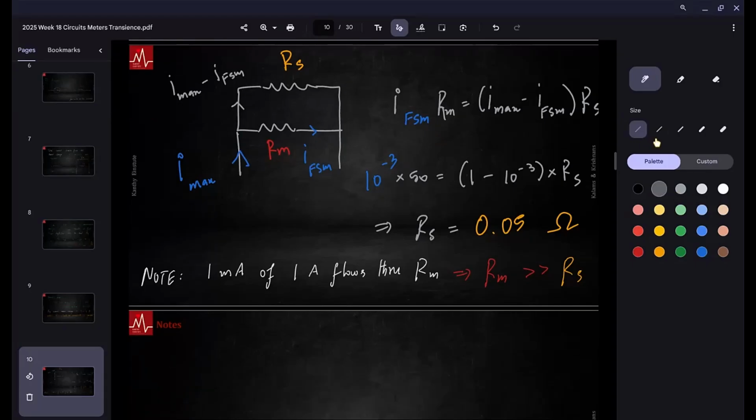Take IFSM RM, take that RS to this side.